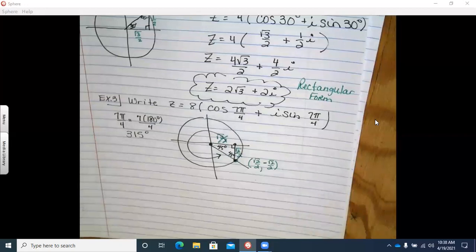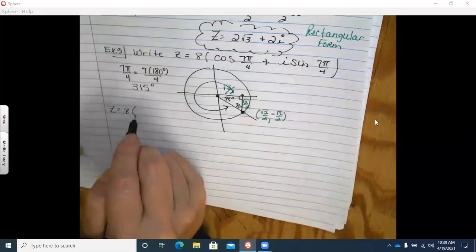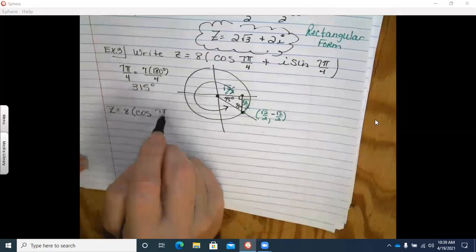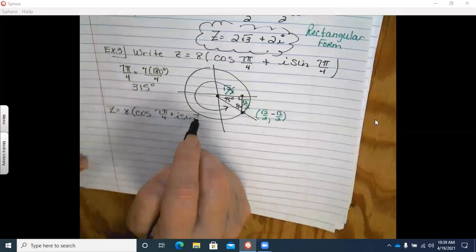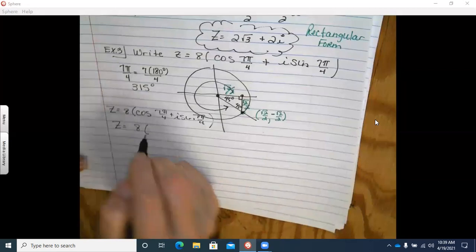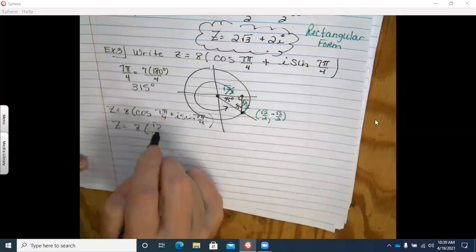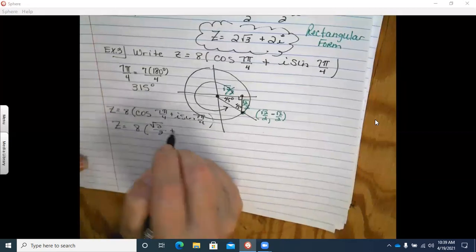Okie dokie. Well, I'm going to rewrite the problem as it was given to me. So z equals 8 times the cosine, which is square root of 2 over 2, plus the sine, which is negative square root of 2 over 2.